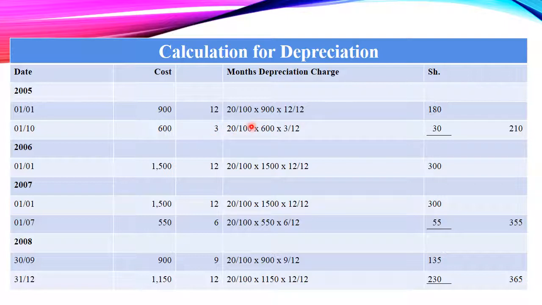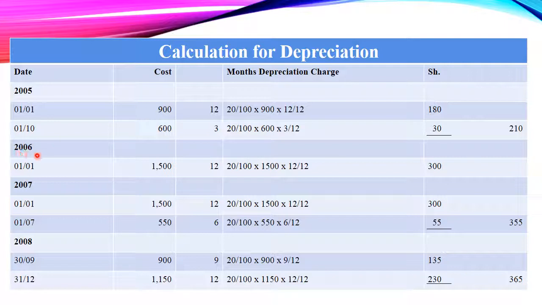So we are going to get the depreciation 20 out of 100 of the cost 600 and the duration in which the asset was in the organization in the year 2005, which is 3 out of 12, and the depreciation is 30 shillings. So the total depreciation for the year 2005 will be 180 plus 30, which is 210.